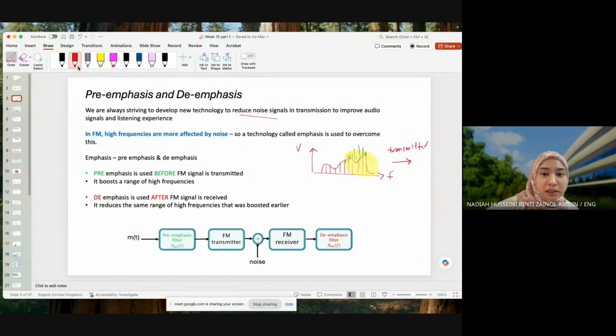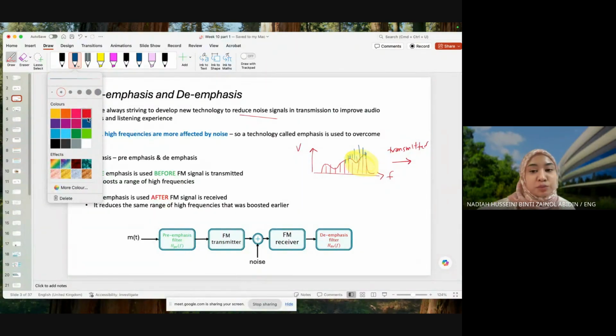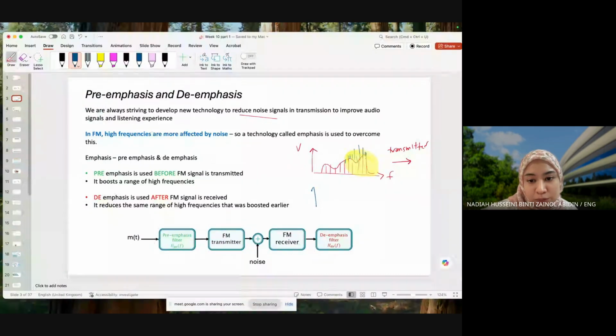Okay, so let's try to imagine how it is boosted. This is after boosting. I'm trying my best to draw this in a similar shape. After boosting, we start here, and it will become slightly bigger. So this is the emphasized part.